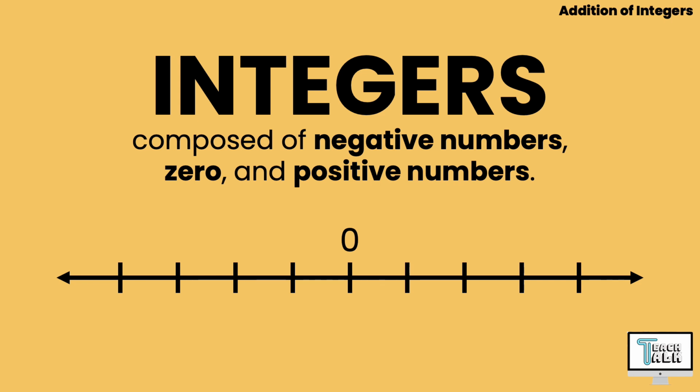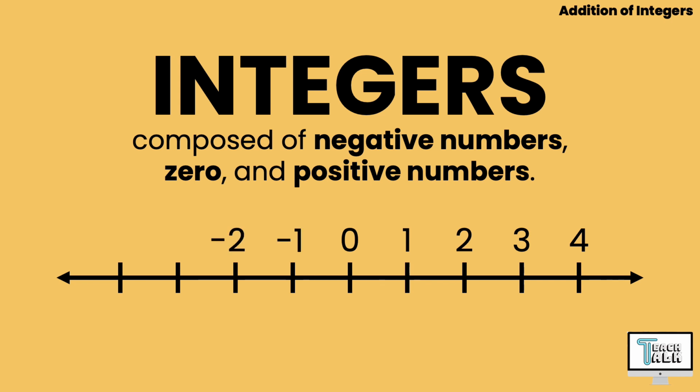Now, sa right side ng ating 0, those are the positive numbers. We have 1, 2, 3, 4, 5, 6, 7, 8, 9, 10, and so on. Infinitely natin siya ma-extend to the right side. Sa left side naman ng 0, yan yung mga negative numbers.